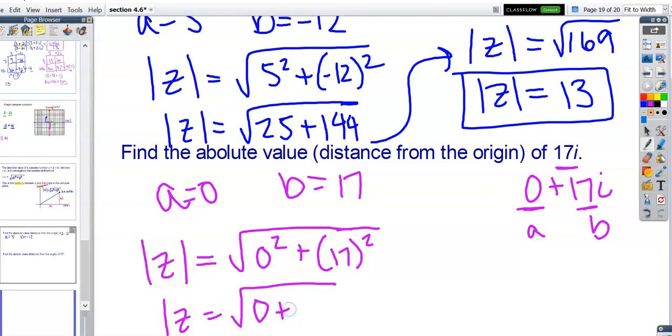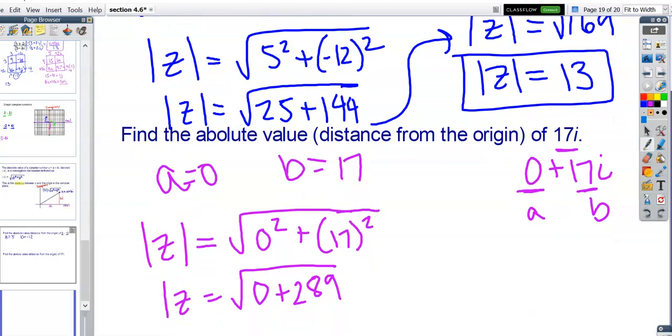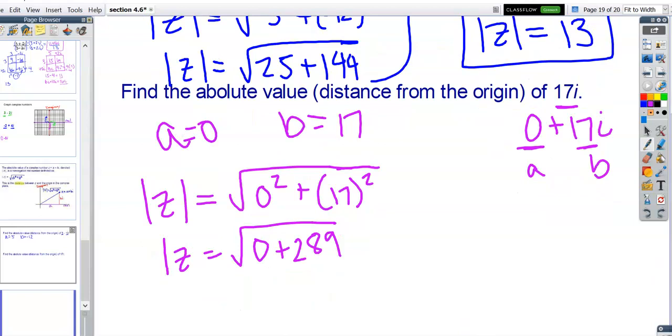I think 17 squared is 289. You can correct me if I'm wrong. But ultimately, I know that the square root of any number squared just becomes itself again.